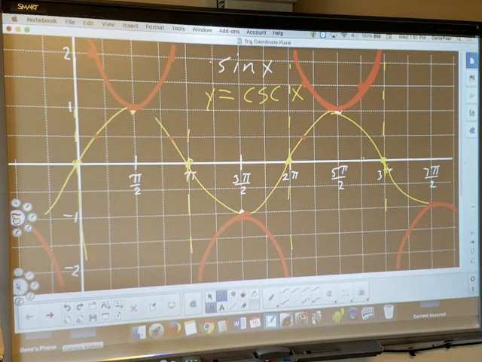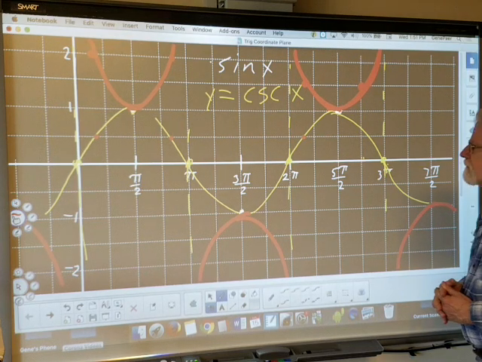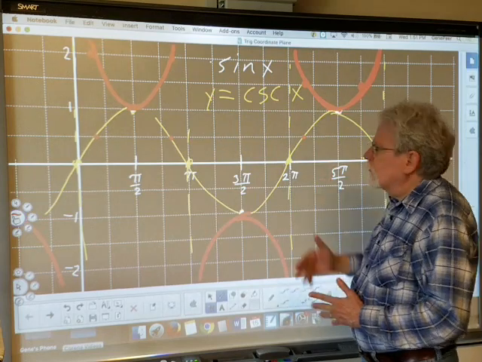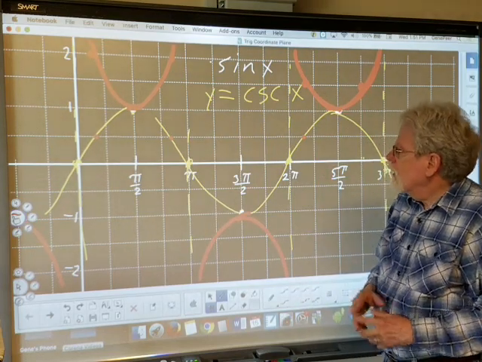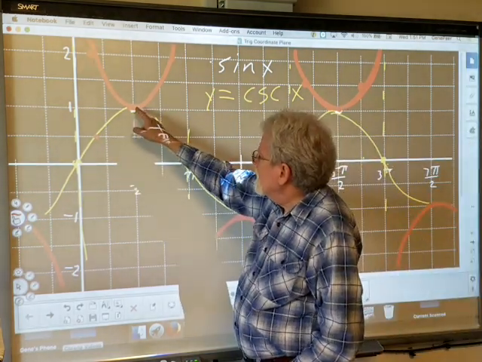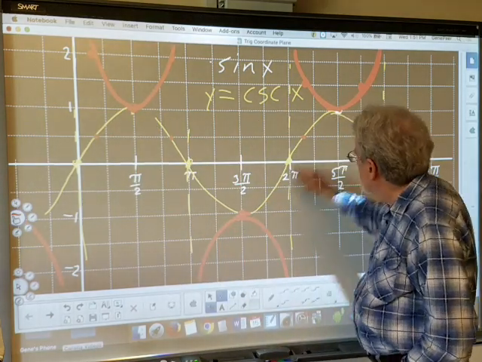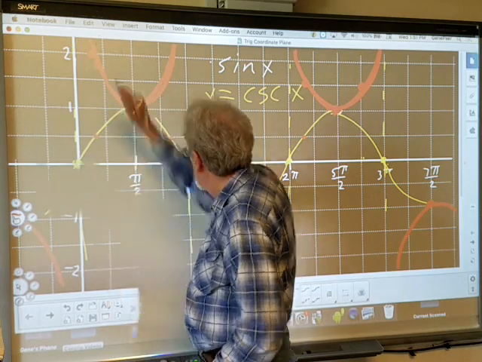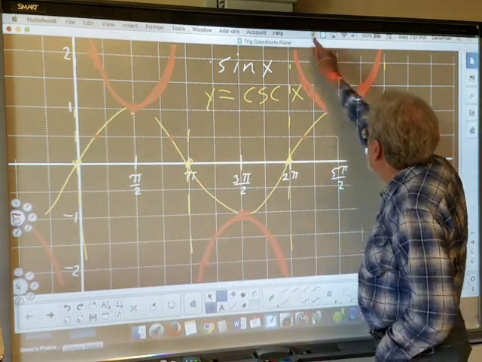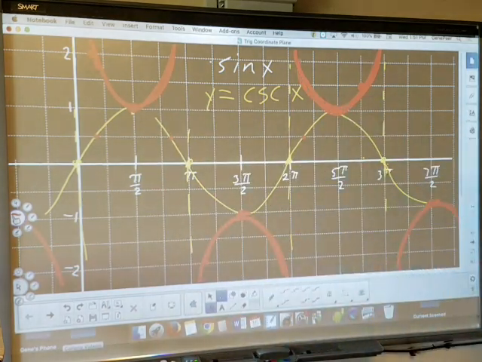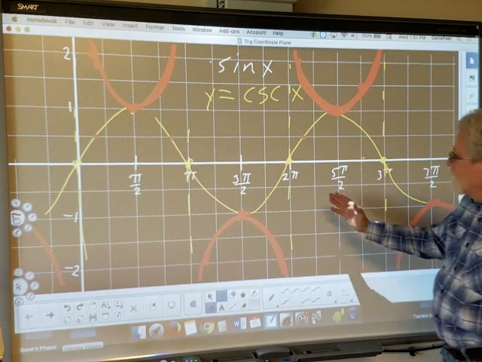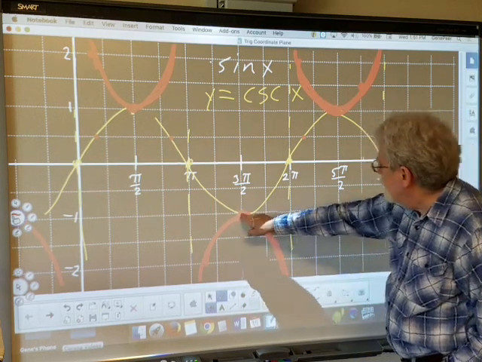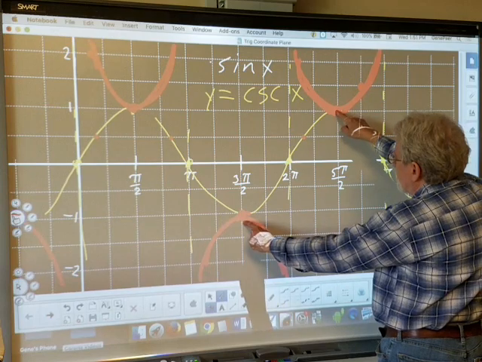Anyway, so to graph this is very simple. You get an idea of what it looks like, and you recognize that it passes through each minimum and maximum point, and then it just goes up and down, and up and down, with asymptotes halfway between these maximum and minimum points.